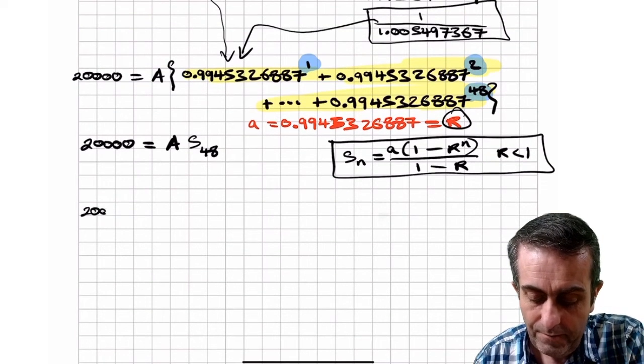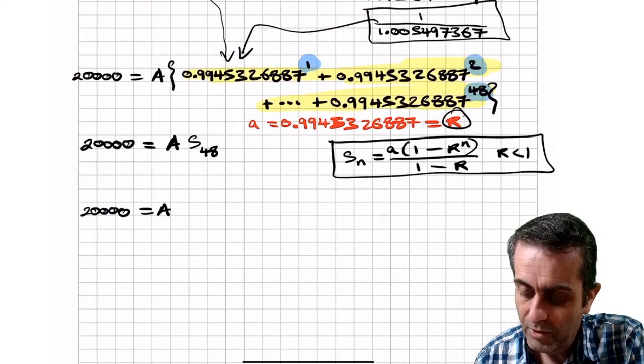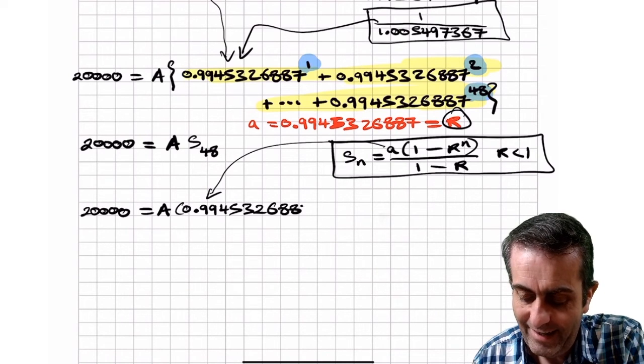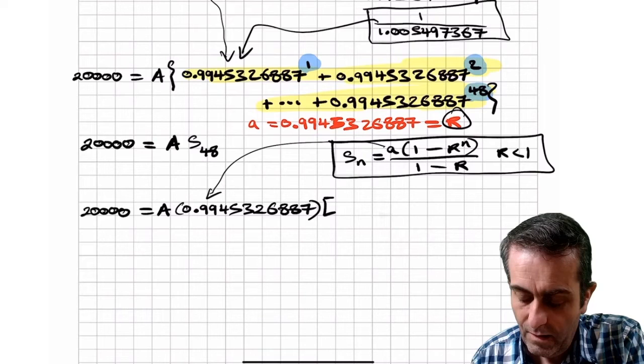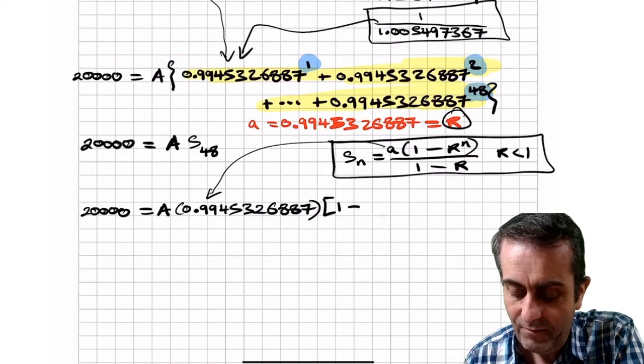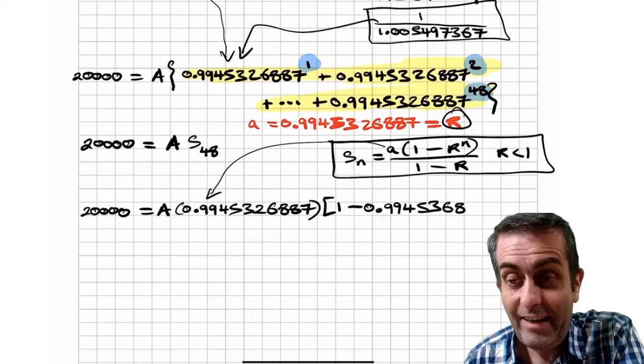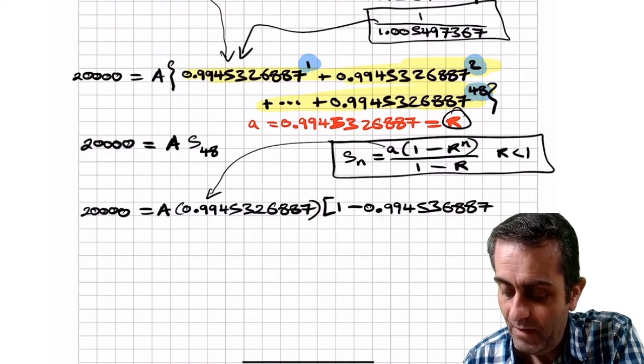Now, all that's left for us to do is to put these numbers into our formula. So 20,000 is equal to A multiplied by small a, which is 0.99453268887, multiplied by 1 minus the same number, 0.99453268887, to the power of 48.